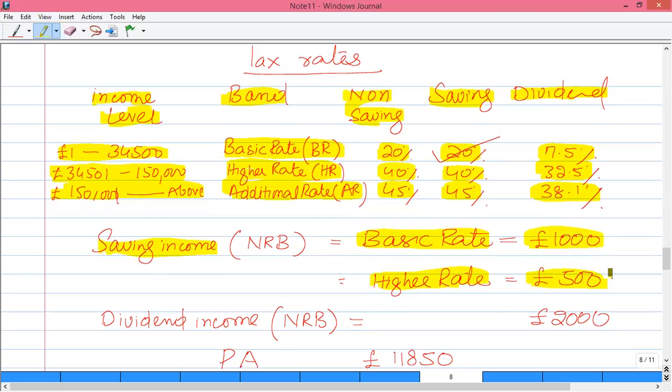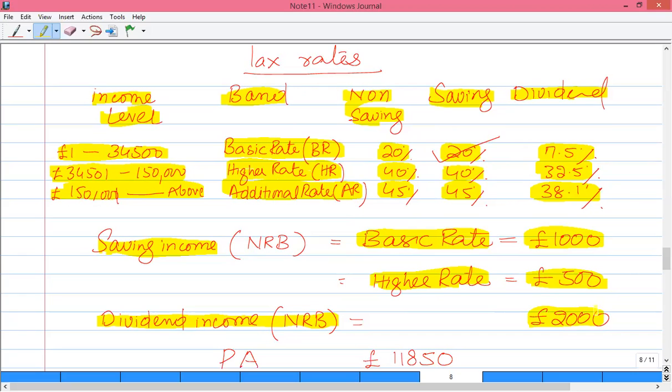Similarly, there is also the dividend income nil rate band. If a person is earning dividends, irrespective of the level of income or band, whether basic rate taxpayer or additional rate taxpayer, everyone will get a 2,000 dividend income nil rate band.